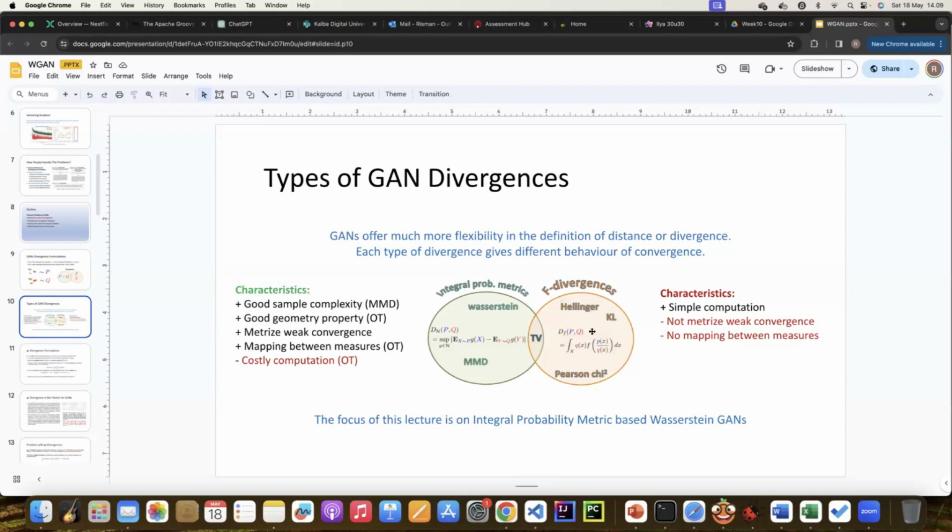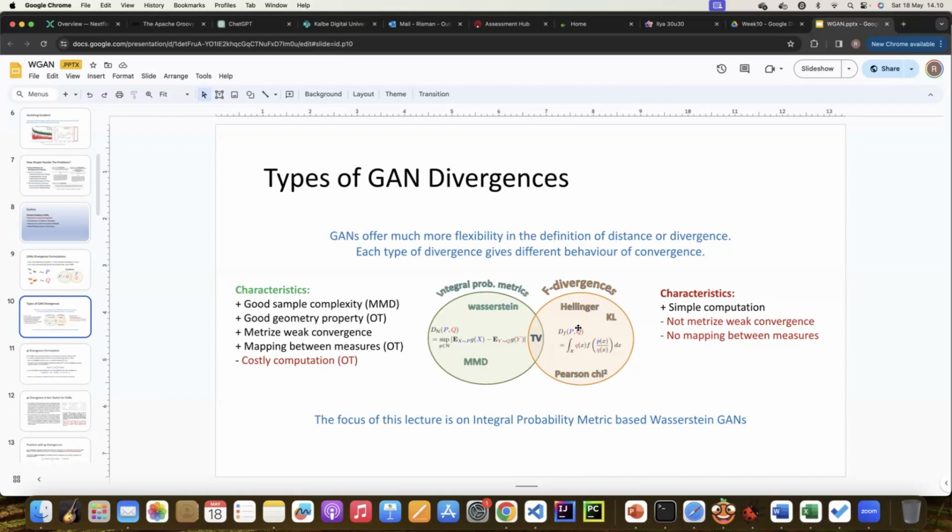are actually F divergences. Theoretically, these two, IPM and F divergence, have very different characteristics. F divergence is very simple to compute. However, it has weakness.